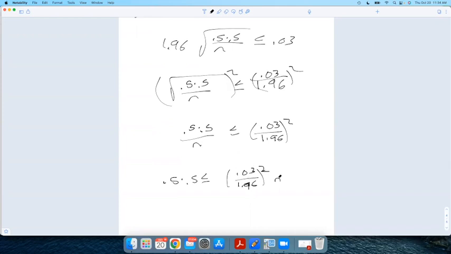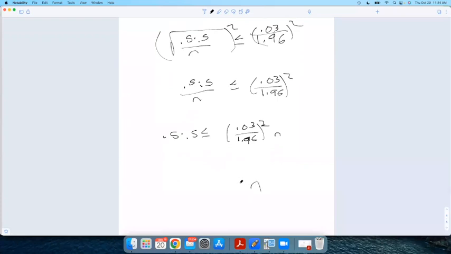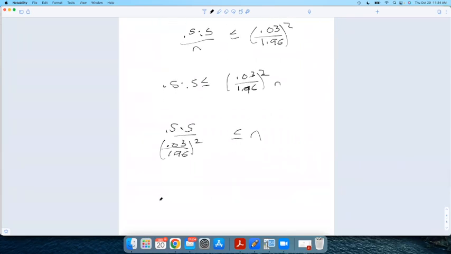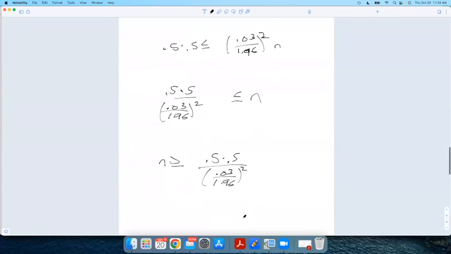And then that number is multiplying in, so to get n by itself, divide this over. So n needs to be bigger than whatever this is. I'm going to write that the other way so that it looks prettier to you guys. So n needs to be bigger than or equal to this number right here.